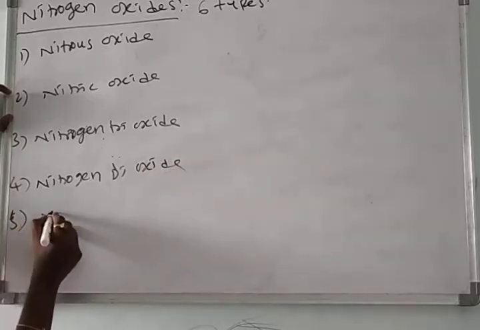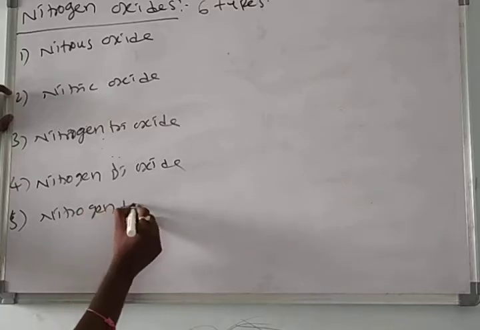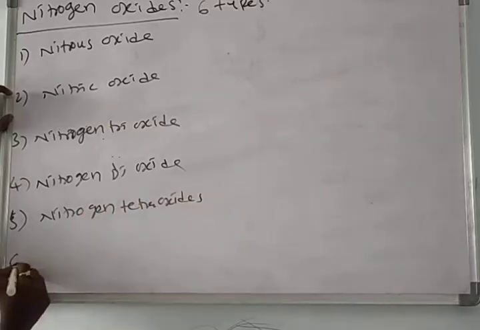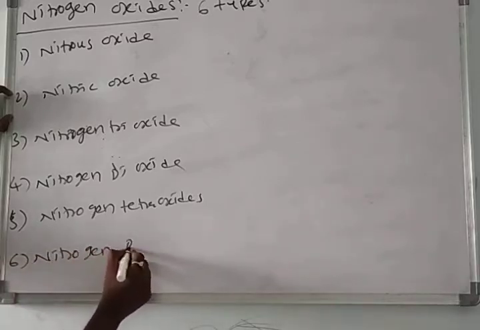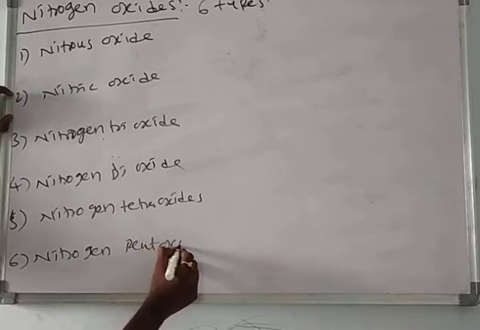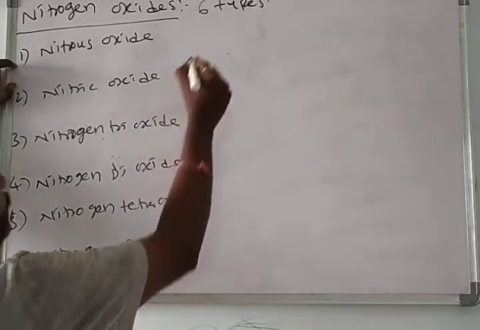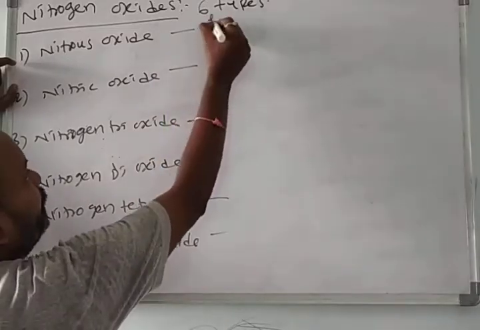Fifth, nitrogen tetroxide. Sixth, nitrogen pentoxide. Okay, here, the formula of these.